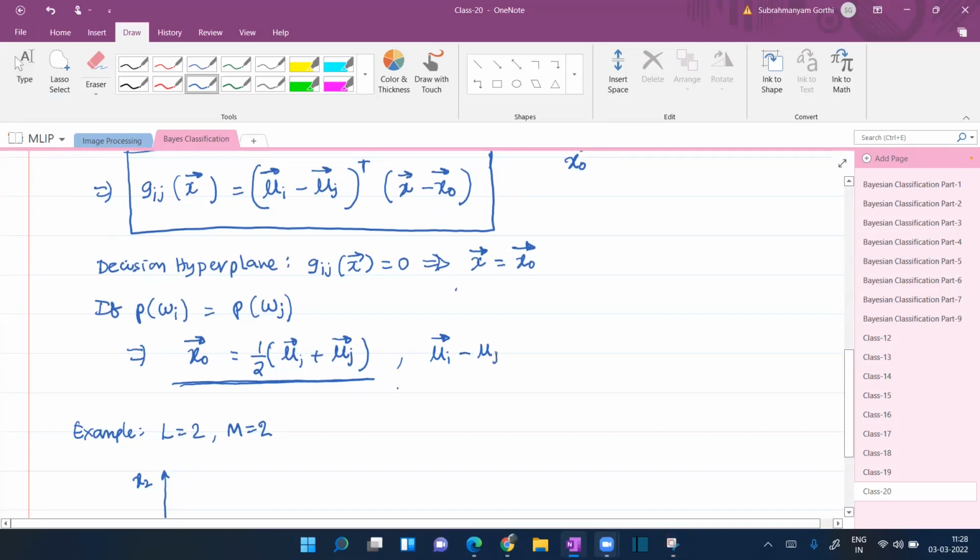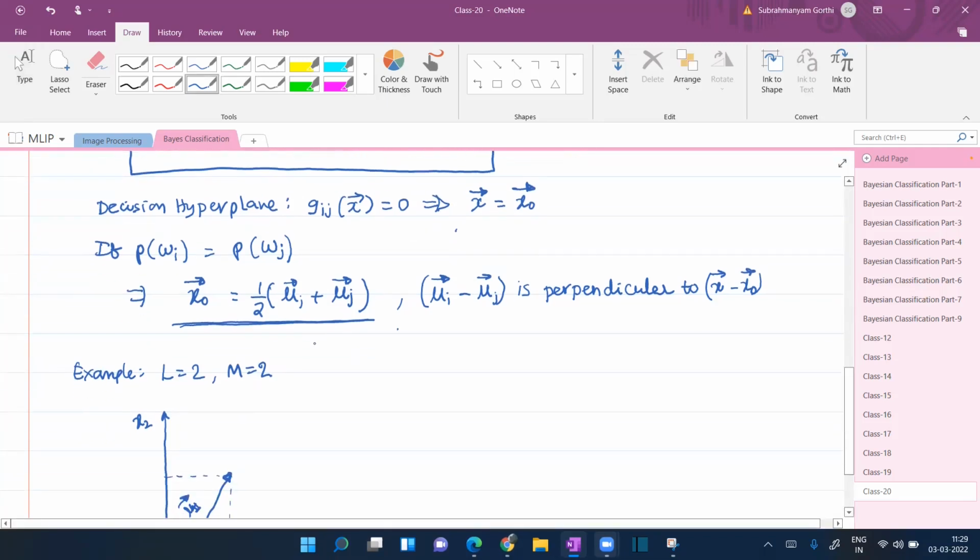So what I could say is mu i bar minus mu j bar is perpendicular to x bar minus x naught bar. So the decision plane is perpendicular to mu i bar minus mu j bar. That's what I could say.